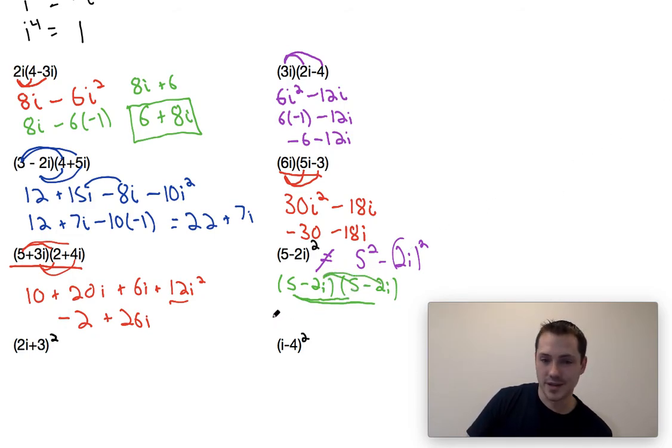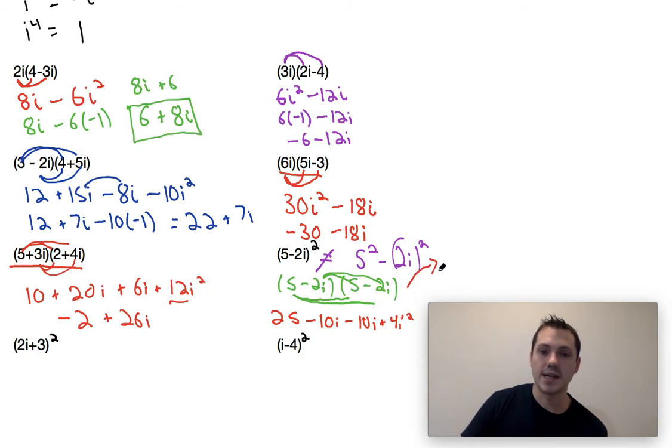In the process of foiling this, just like the last ones, 5 times 5, 25, minus 10i, minus 10i, plus 4i squared. I'm going to go ahead and do the rest of it up here. 25 plus 4i squared is 25 minus 4, which is 21, minus 20i.